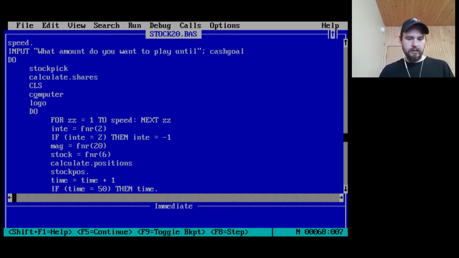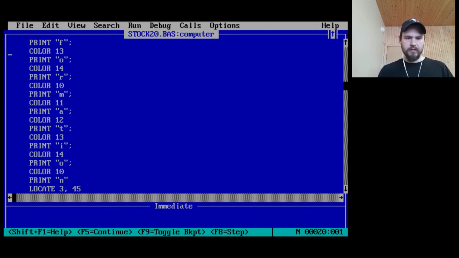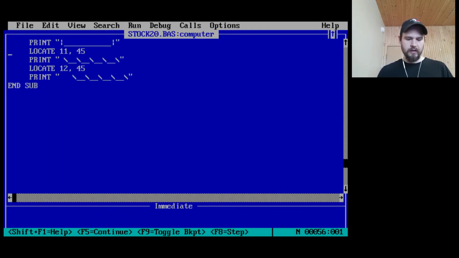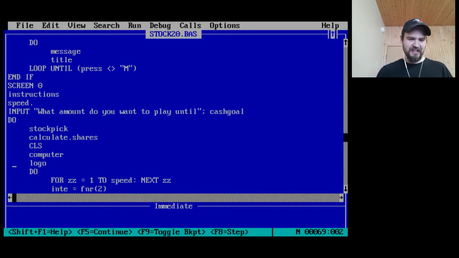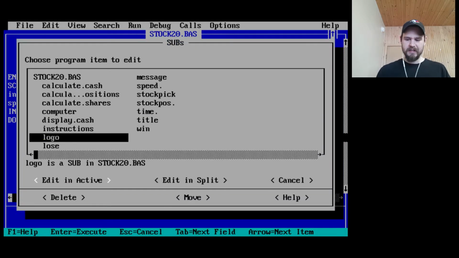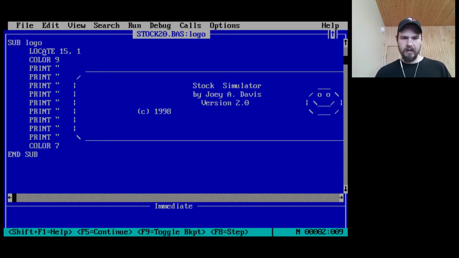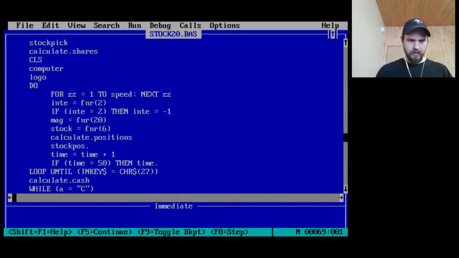Clear the screen, do the computer, which has never ever changed, this computer thing. Logo, same thing. I went up here and I updated that version number, and that's probably about it. Okay, do. For ZZ equals 1 to speed, next ZZ, it's an empty for loop. That will modify the speed.